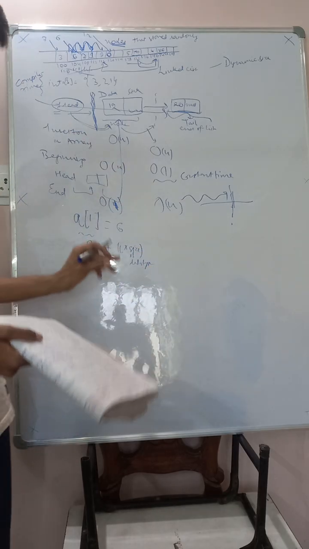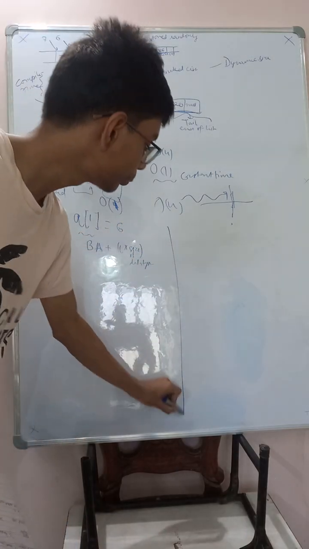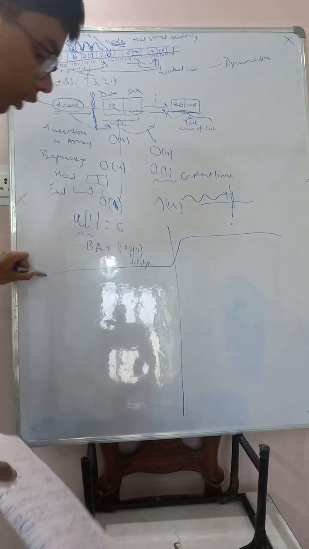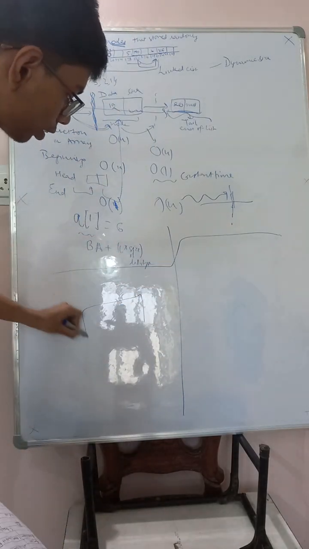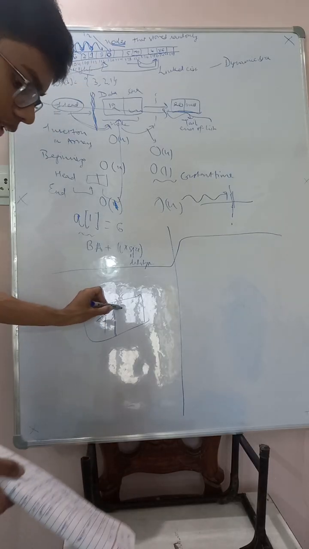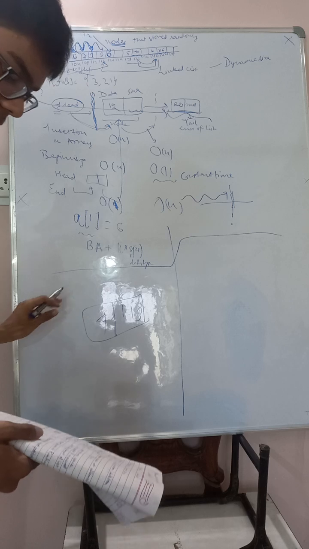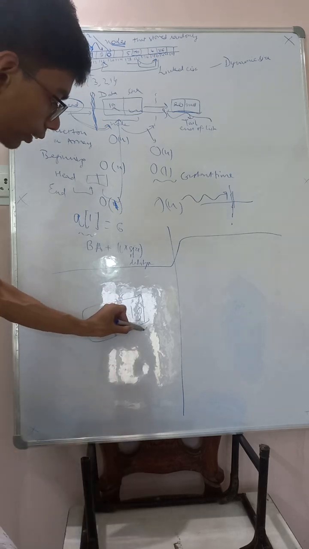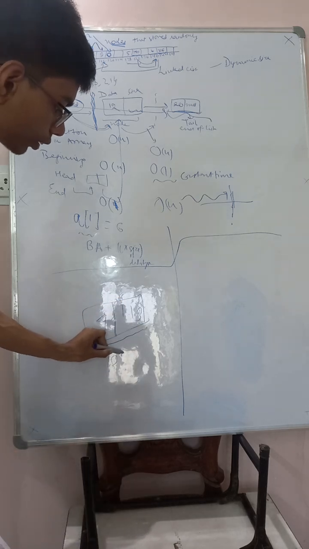Now code, we will be discussing about code, right? Suppose this is my node, here it is value and here it is my address, right? And address of this node is 102.